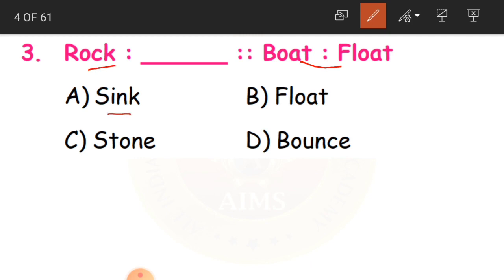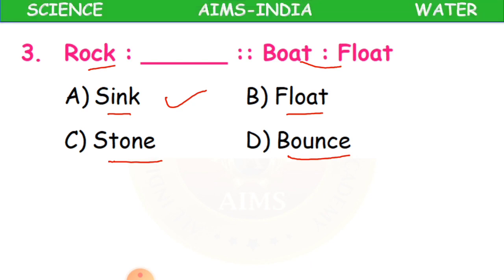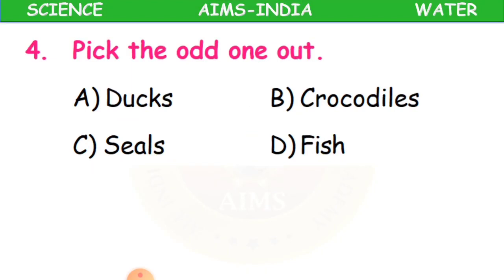Whether it sinks, whether it floats, whether it is a stone or it bounces. So the answer is it sinks. If you put a rock in the water, definitely it sinks, because it is of heavy weight. Clear children?